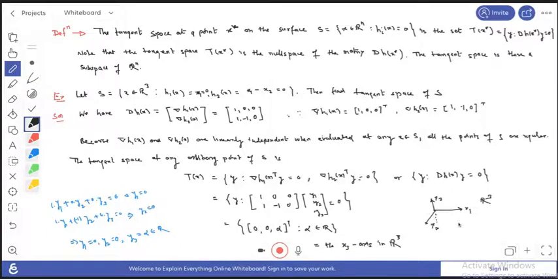Okay, so here you can write: in this example, the tangent space Tx at any point x which belongs to the surface S is basically a one-dimensional subspace of R3. Okay, so this is the final result.